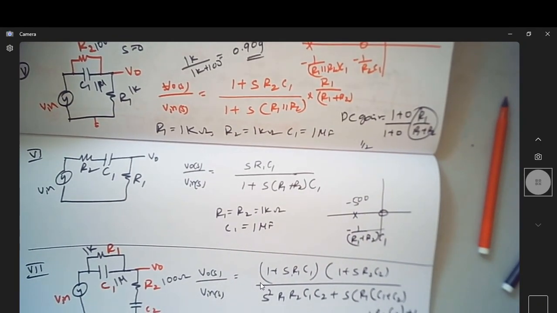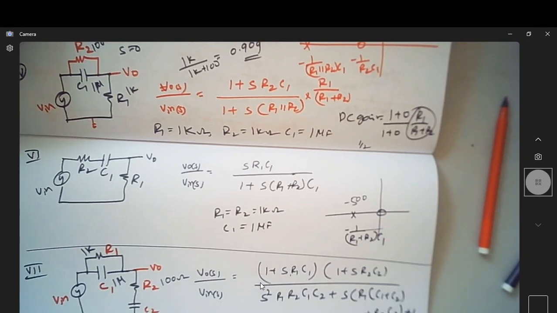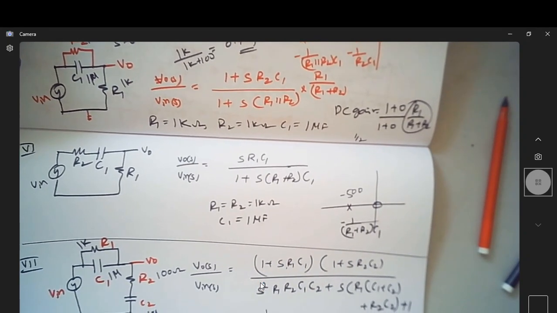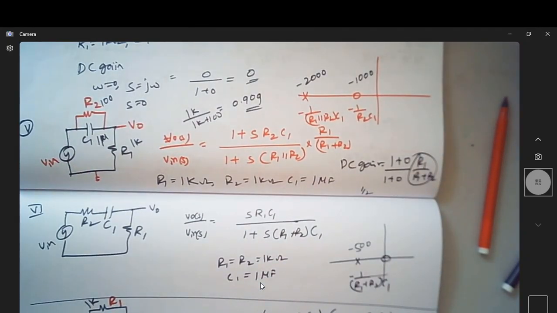Maybe in coming videos we'll also see the high frequency gain. High frequency gain is relevant when we actually do a frequency response of a circuit, so that may be in the Bode plot of the control system. Thank you so much.